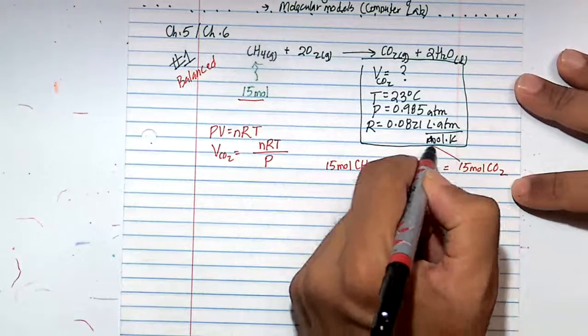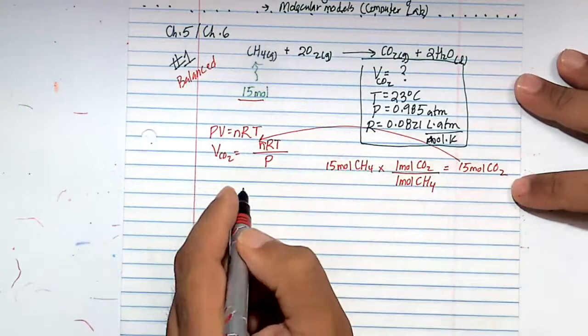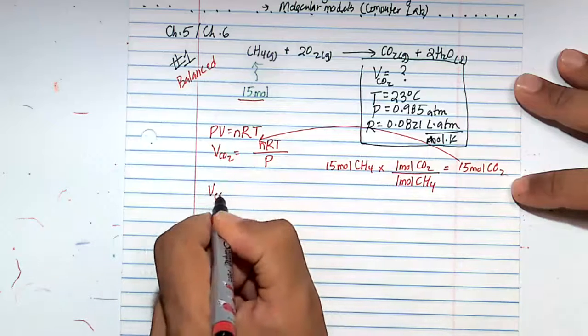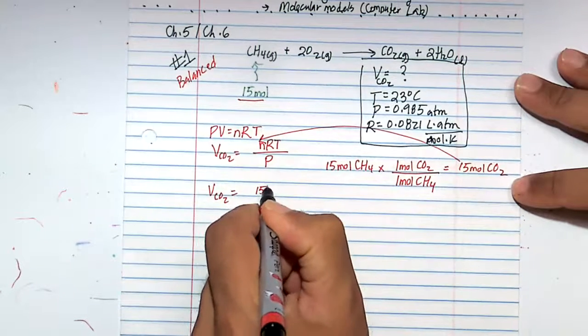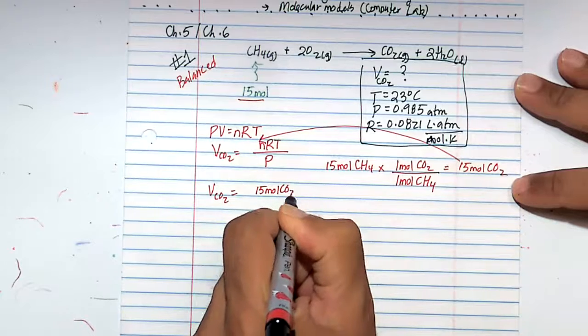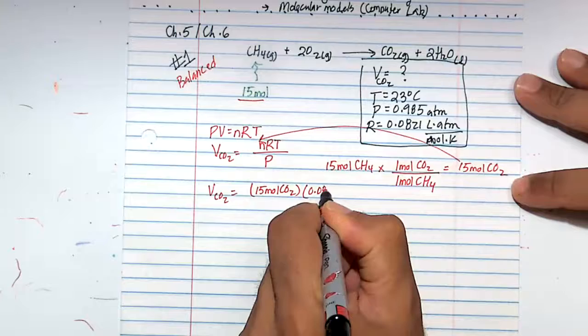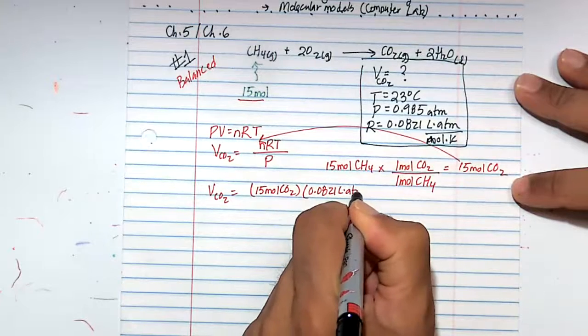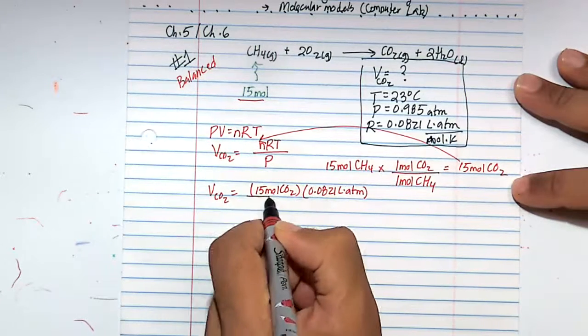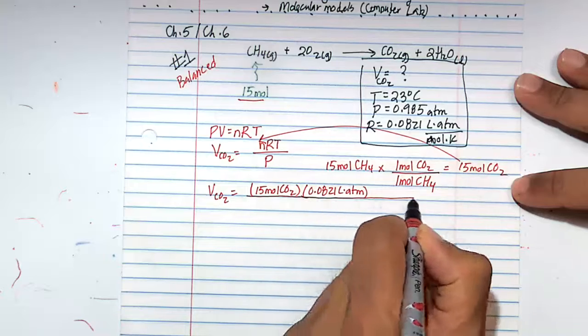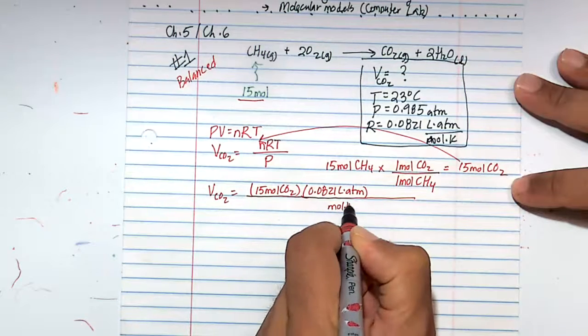So that is our n. We have everything to solve this problem. So 15 moles CO2 is n. R, something I'll give you, 0.0821 liters times atmosphere over mole Kelvin.